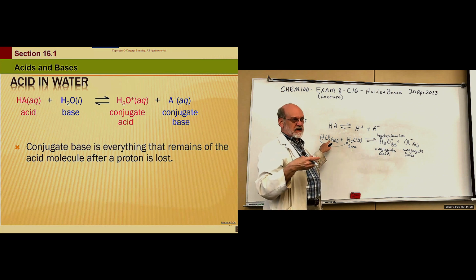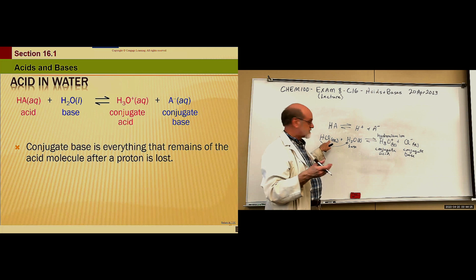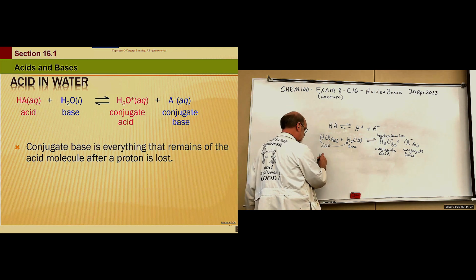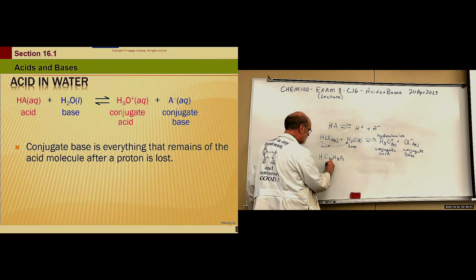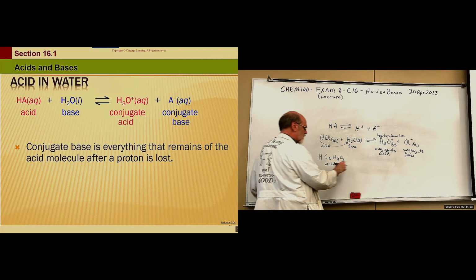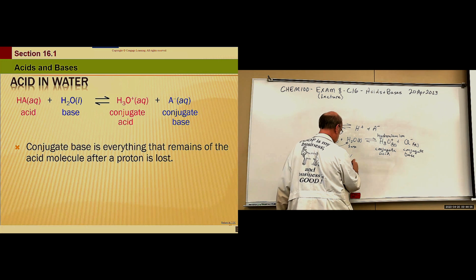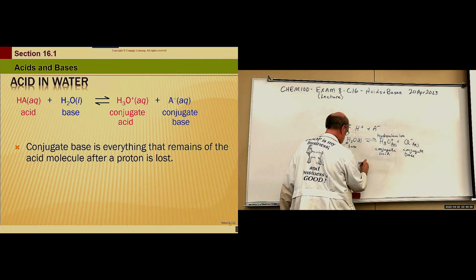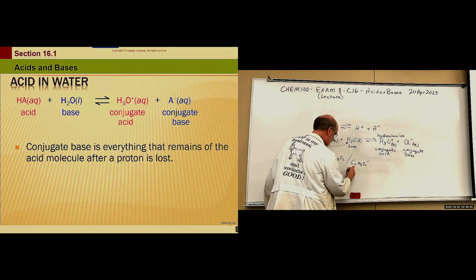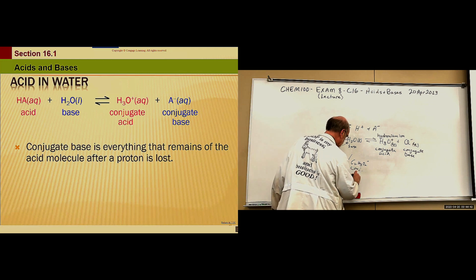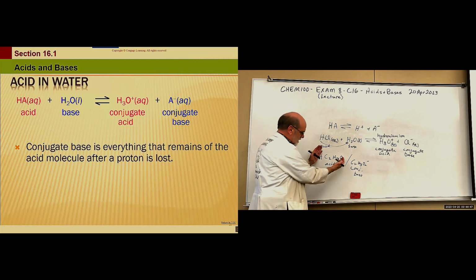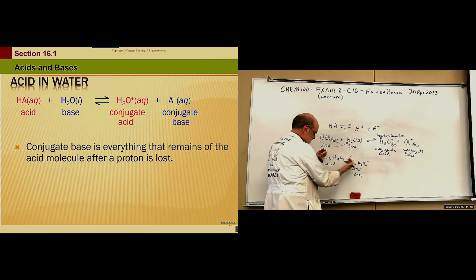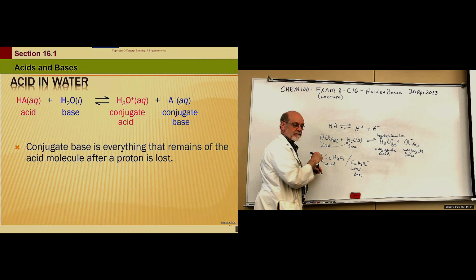It can be C2H3O2. It can be acetate. Right? We could write it like this. This is our acid. If it loses a proton, it produces that conjugate base. So this is an acid-base pair. This is the same on both sides, and this is missing from that side.